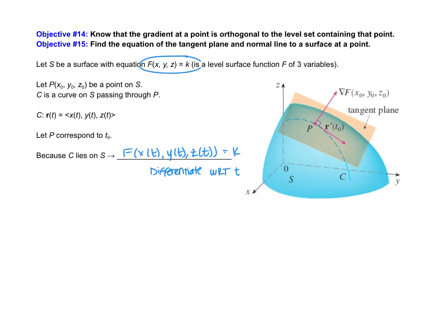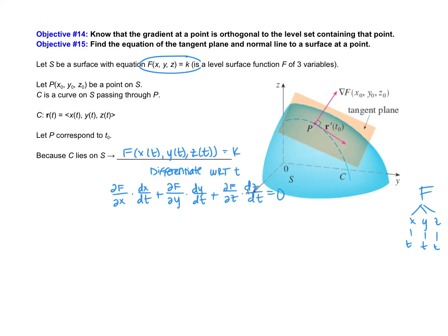Since f has x, y, z, all of which are defined in terms of t, we use the chain rule. So we get the partial of f with respect to x times dx dt, add the partial of f with respect to y times dy dt, add the partial of f with respect to z times dz dt, is equal to 0.